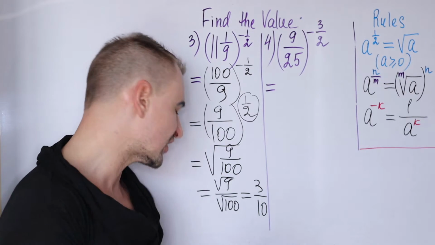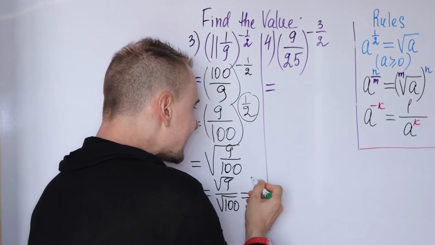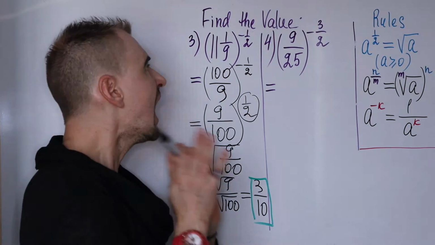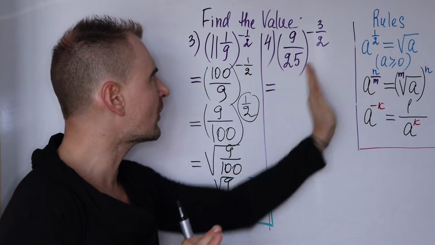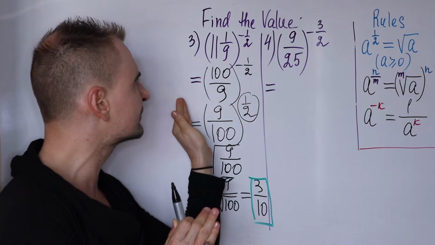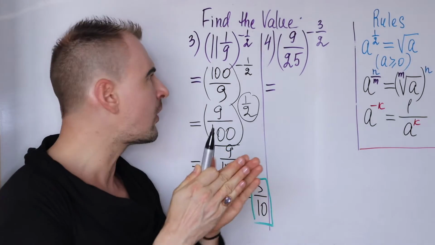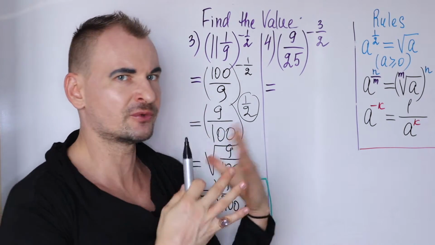So both of the numbers, again, they are perfect squares, and it comes out to be 3 over 10. Now, say you have something like this. So it's very, very similar to what we did over here. So let me go through this concisely, so I'm not going to linger.